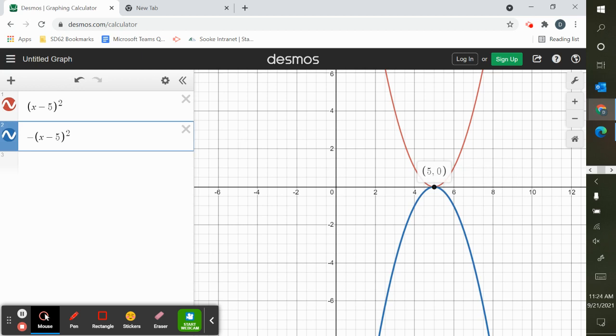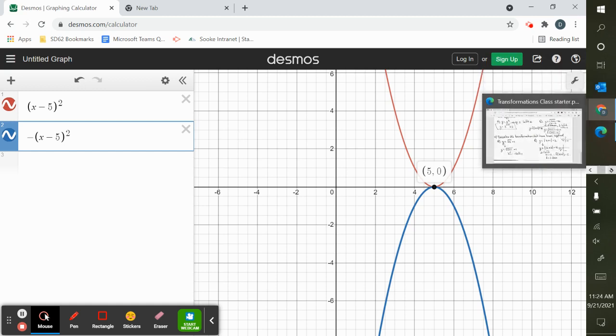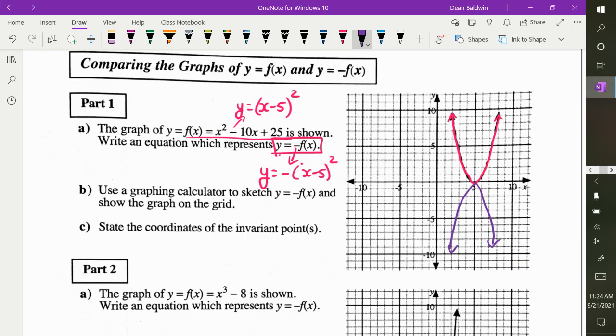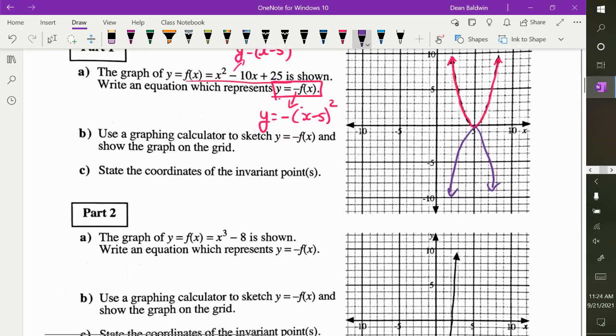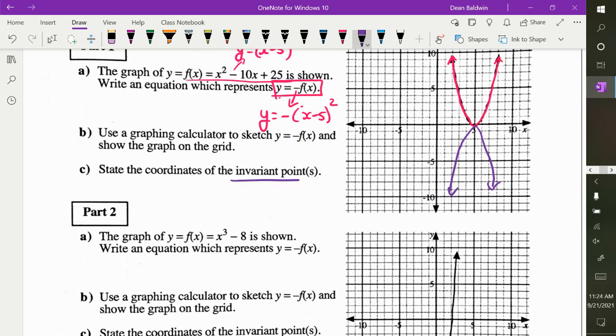Okay? So, go back to this. The invariant points are the points that don't change. Invariant means it stays the same. Doesn't vary. So the invariant point is 5, 0, in other words, the x-intercept.